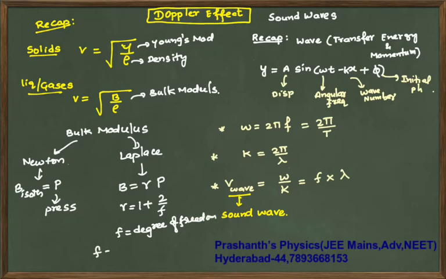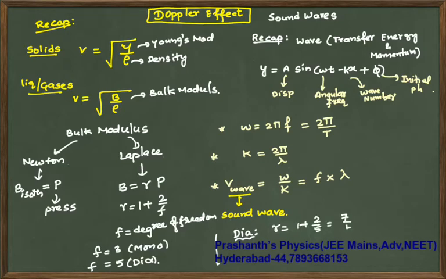So F is 3 for mono, 5 for dia. So for diatomic gases, gamma is 1 plus 2 by 5, that is equal to 7 by 5, which is equal to 1.4, and v is equal to under root gamma into P, where P is atmospheric pressure under normal conditions, and rho is density of air.